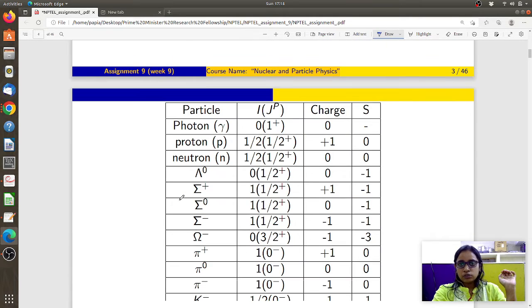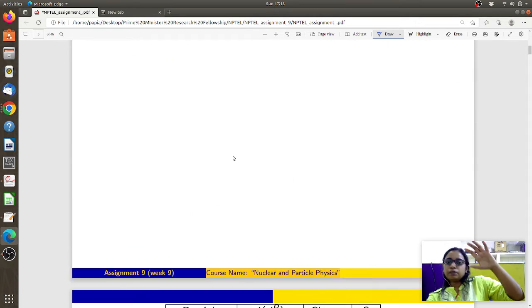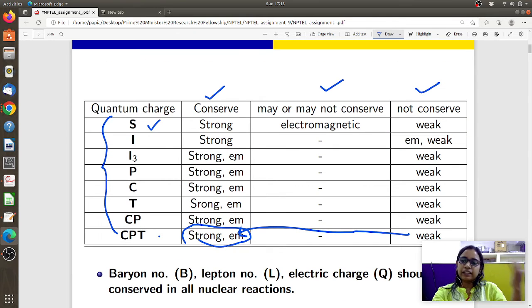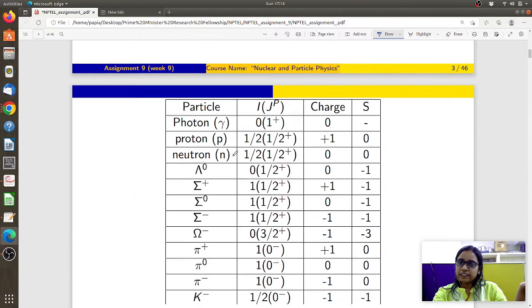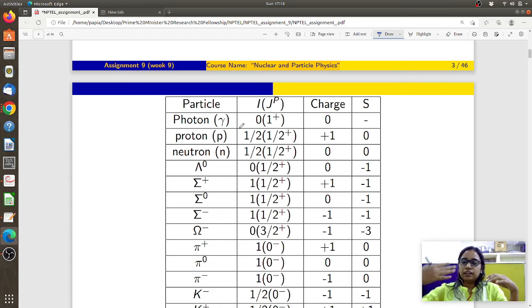Okay, I was just mentioning this before going to any questions on nuclear and particle physics, because I thought it was very important. And one more important thing is that this table is basically talking about some particles, and with each particle the JP configuration, that is the total angular momentum and parity configuration, the isospin configuration, as well as charge and strangeness.